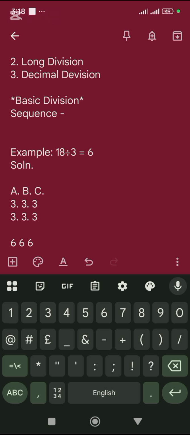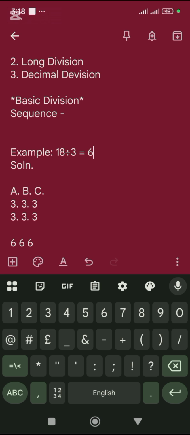Let me go over that again. 18 is the part that you are asked to divide. 3 is the number of groups you are to divide them into. What each group receives is your answer.